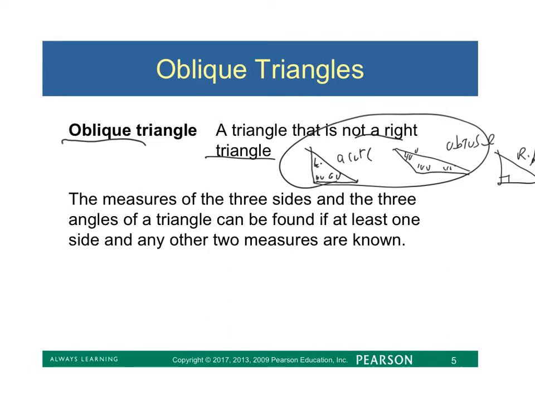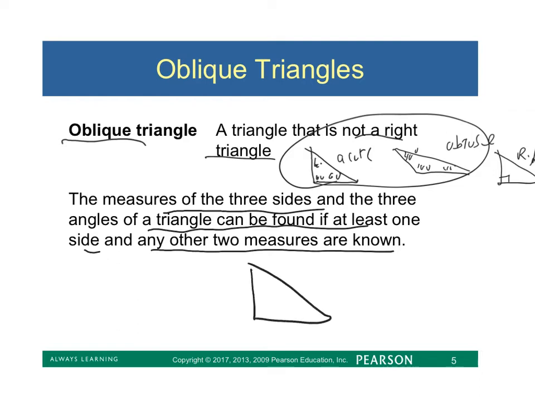Now, the thing about an oblique triangle, the measures of the three sides and the three angles of a triangle can be found if at least one side and any other two measurements are known. Well, you already know that you could do the same thing if you had a right triangle and at least one side and any other two measures are known.